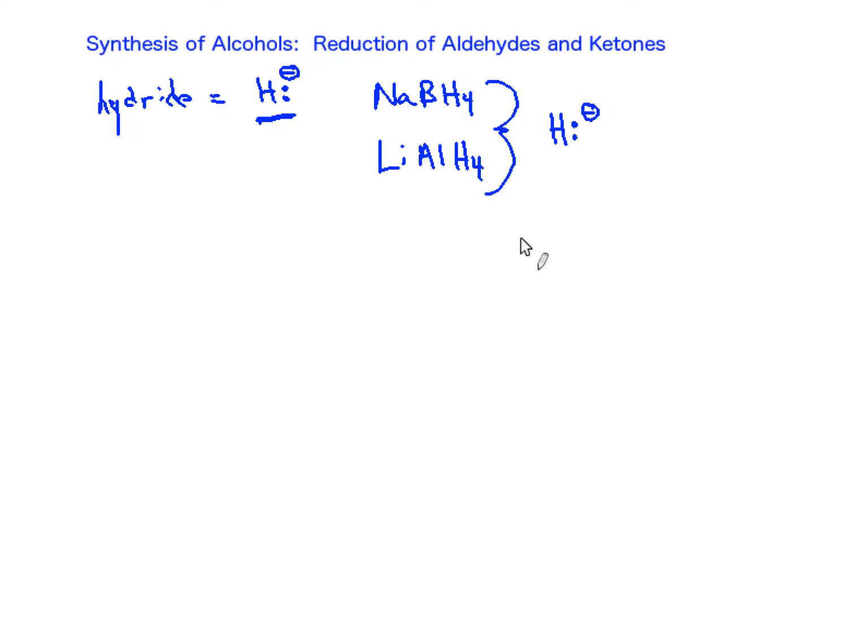So how is the hydride going to be able to synthesize alcohols from aldehydes and ketones? Well, let's show an example of this. Let's take a simple ketone, in this case acetone, and we'll treat it with a hydride source, either lithium aluminum hydride or sodium borohydride. And we can just try to work out in our heads how this is going to react.